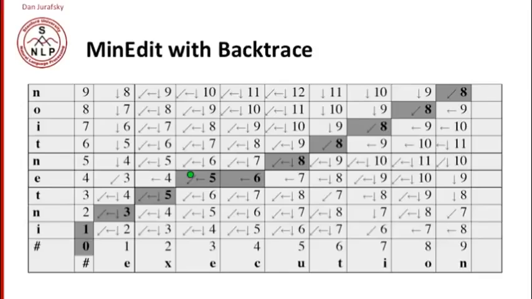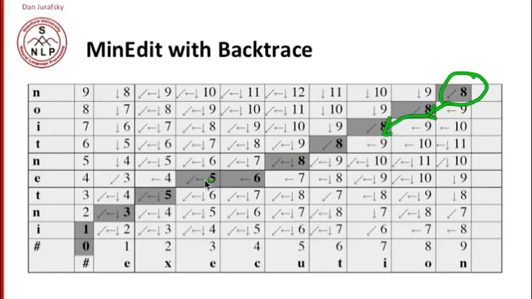And so we're going to do this for every cell in the array, and the result will look something like this, where we have for every cell every place it could have come from. And you'll see that in a lot of cases any path could have worked, so this 6 could have come from any place, but crucially this final alignment, this 8 that tells us the final edit distance between intention and execution, our traceback tells us it came from the best alignment between intentio and executio, which came from the best alignment from intenti, from executi, and so on.